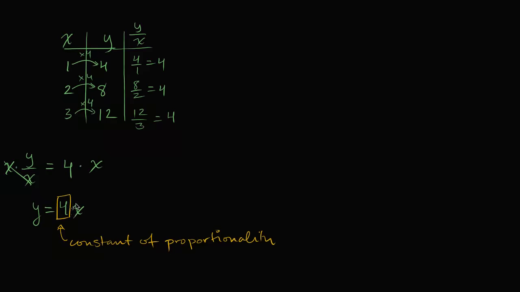To make that a little bit clearer, let me do another example, but this time I'll put some units there. Let me use blue. So let's say x is time in terms of seconds, and y is distance in meters.